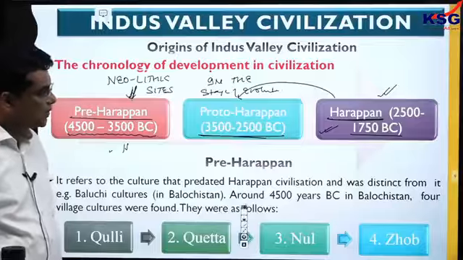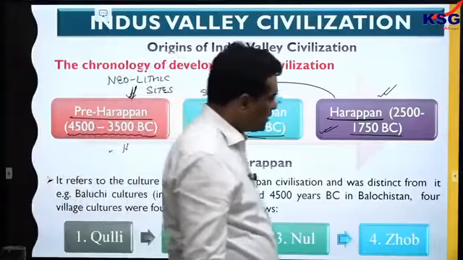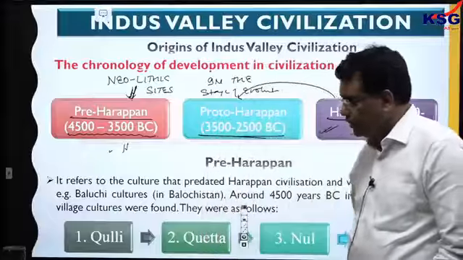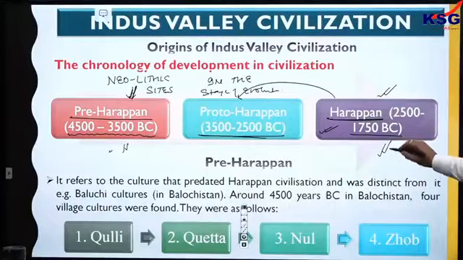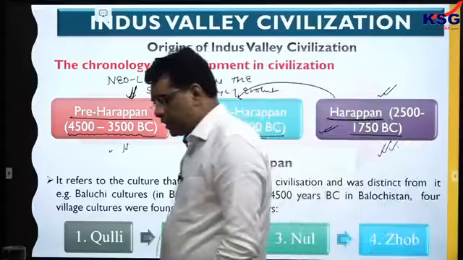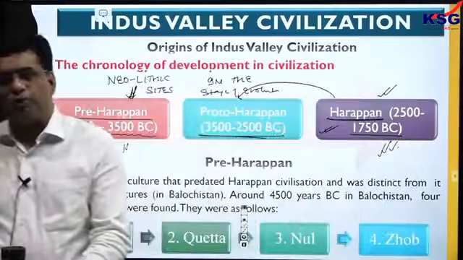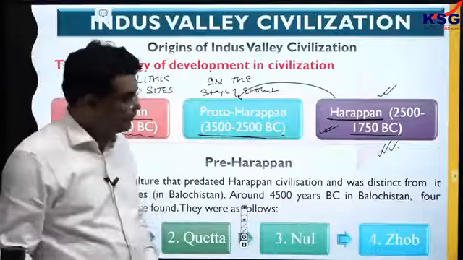What we are studying right now is the mature phase of Harappan sites. So Mohenjo-daro, Harappa, Lothal, Kalibangan are actually the mature phase of Harappan sites, where the urban structure had already evolved.